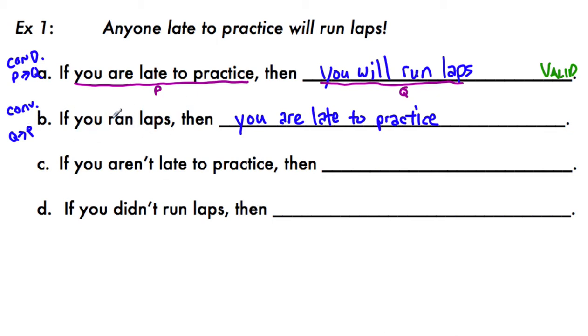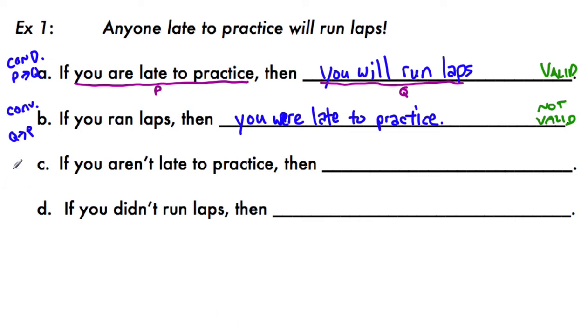Does this make sense? If you ran laps, then you are, or maybe were, late to practice? Well, if you ran laps, you might have just been running laps because that's what everybody does at the beginning of practice. So that doesn't necessarily imply that you were late. So the converse is not a valid argument.